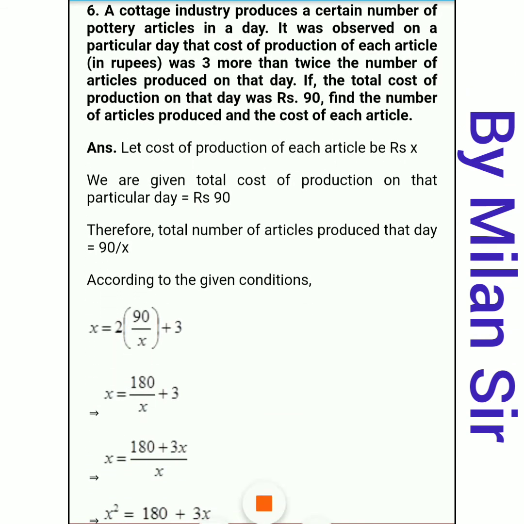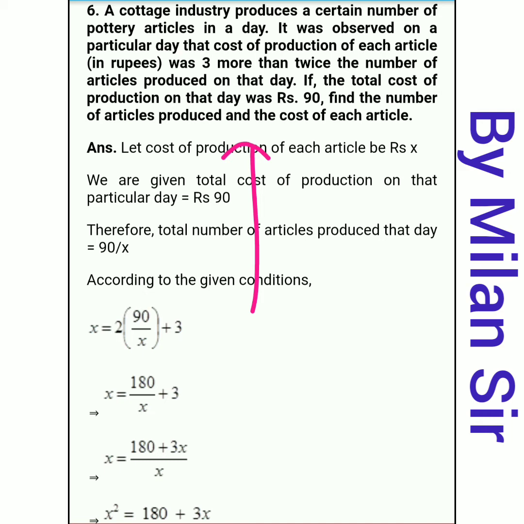Then question number 6. First of all, just read this question. A cottage industry produces a certain number of pottery articles in a day.